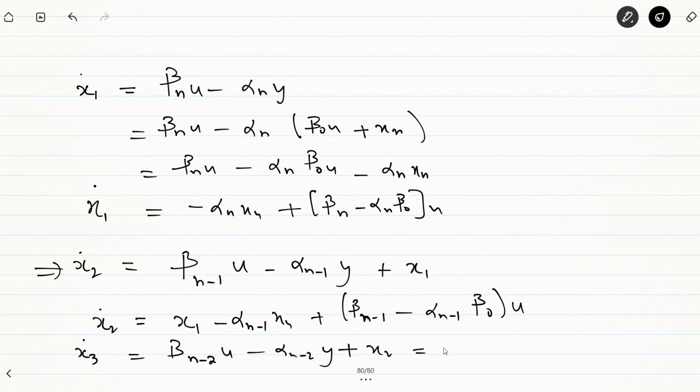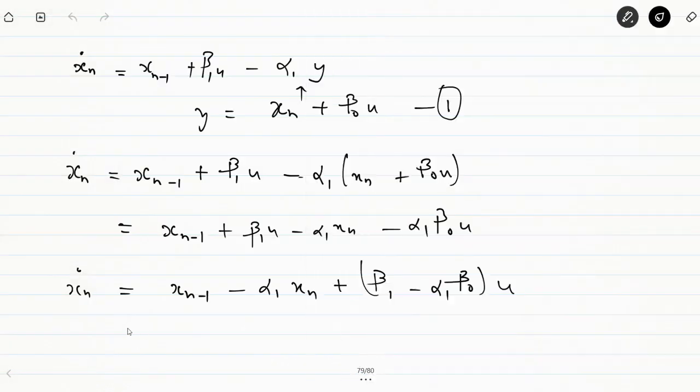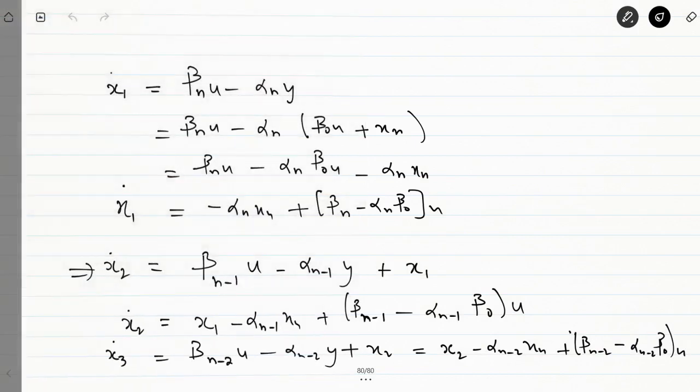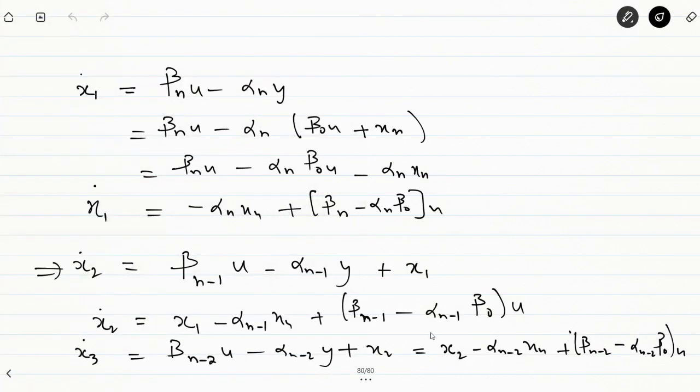When you substitute the value of y here, you will get x2 minus alpha n minus 2 times xn plus beta n minus 2 minus alpha n minus 2 beta naught times u. Similarly, up to xn dot, we have already found xn dot, that is xn minus 1 minus alpha 1 xn plus beta 1 minus alpha 1 beta naught u.